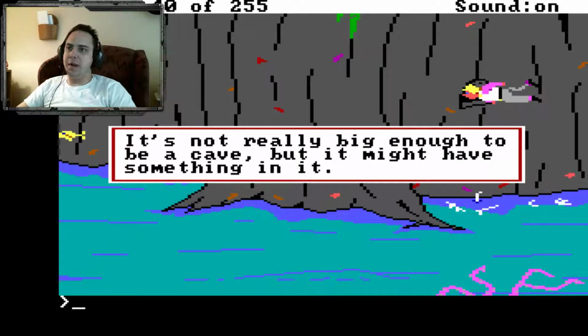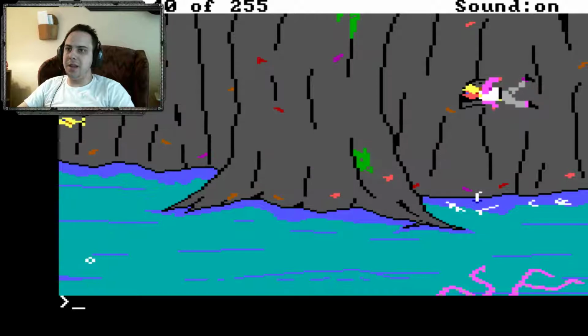It's not really big enough to be a cave, but might have something in it.